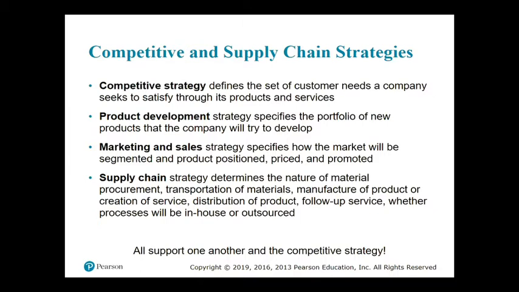Most of the products they sell can be found in a lot of other retail stores. And then we have marketing and sales. Marketing and sales defines how markets should be segmented and how we position, price, and promote our products within each market segment.